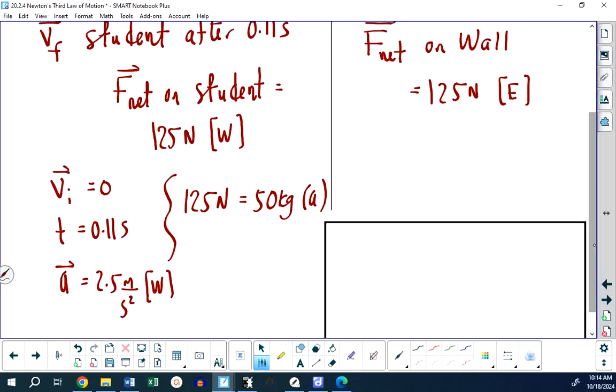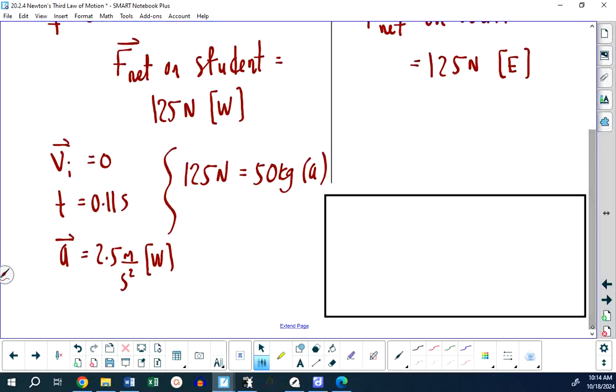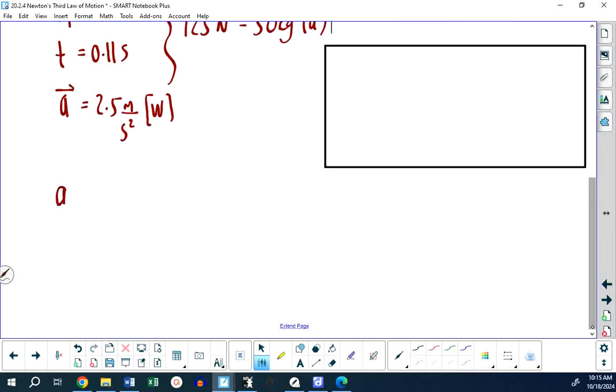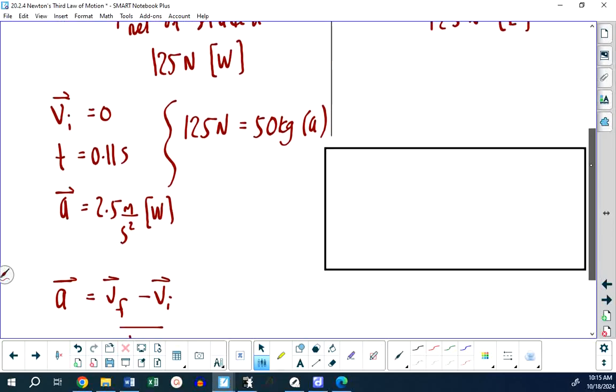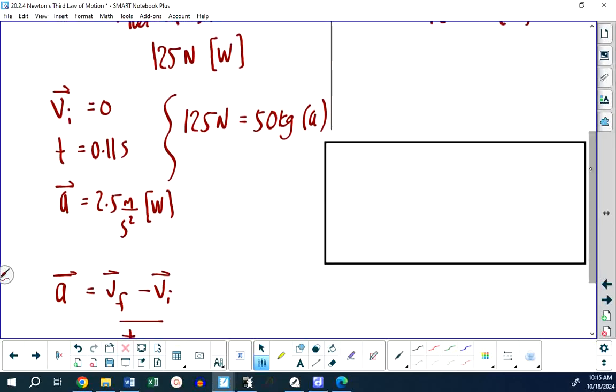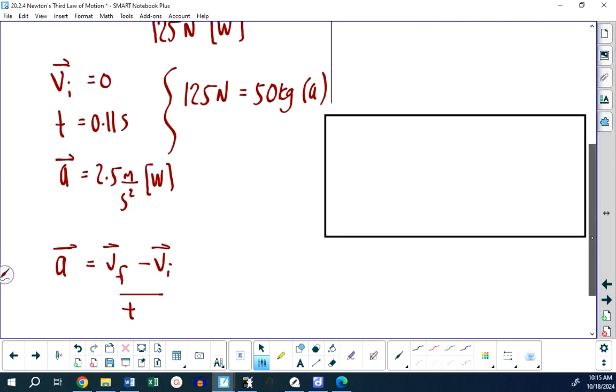And now it's a matter of just using the kinematics formula. Acceleration equals VF minus VI over t. Sometimes I worry about me saying, oh, we don't need vectors, because maybe a student might not understand when we do and when we don't. If you're unsure, always put vectors.